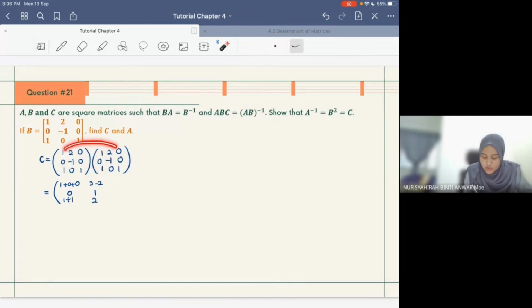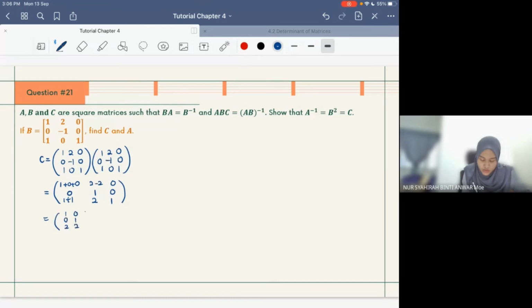And 0 plus 0 plus 0. Oh, 0 again. 0 plus 0 plus 0. Again 0. And lastly 0 plus 0 plus 1. So 1. Okay, so here we get 1, 0, 2, 0, 1, 2, 0, 0, 1. So this is our matrix C.